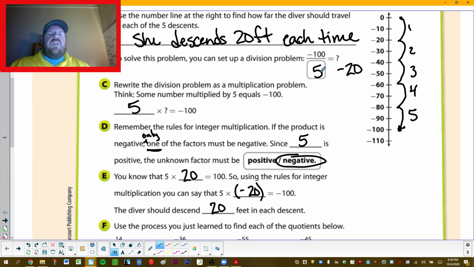We want to rethink that as the denominator times the answer to that division problem giving us the numerator. Some vocabulary on fractions that we may need to remember: numerator is the top number, denominator is the bottom number.